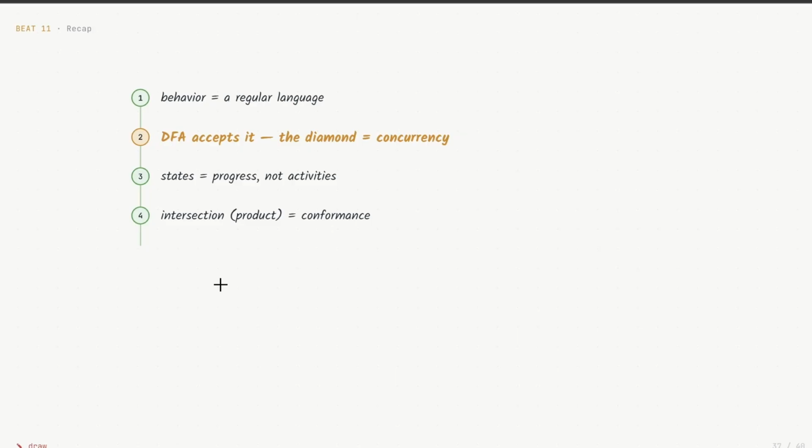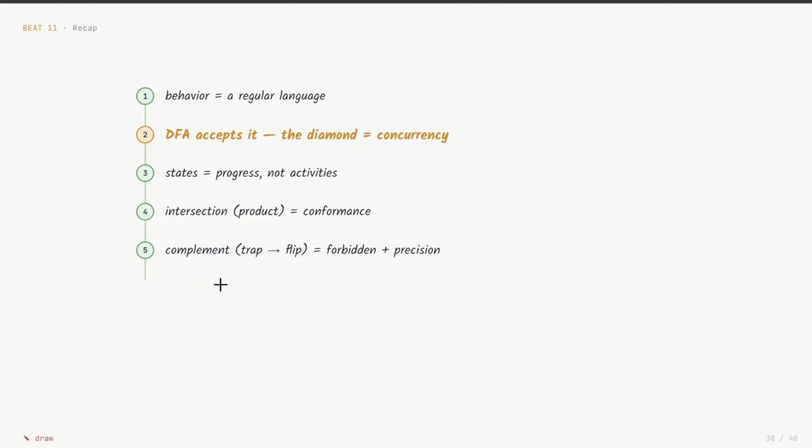Then we saw how you have overlap between two machines and how you get conformance. We also saw how to build the complement, how you flip the two steps to build the complement. Then we saw how there is a difference between the syntax you have and the semantics, and how automata bring certain rigor and are auditable. Finally, we saw how to declare a model and how to stack all these little machines together to build the model machine.